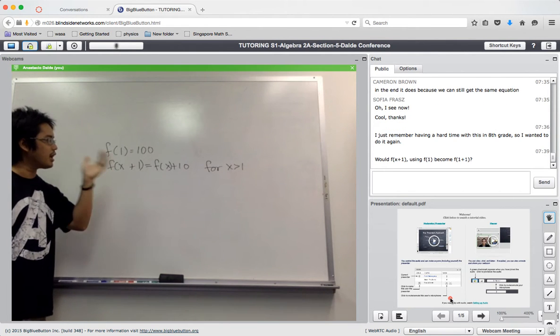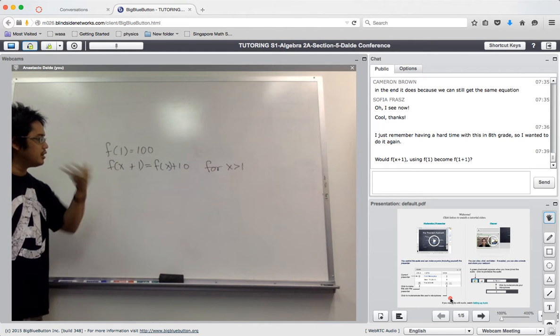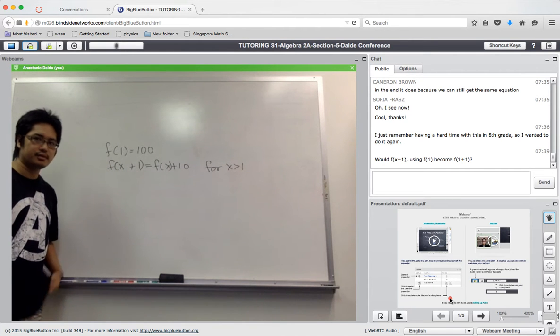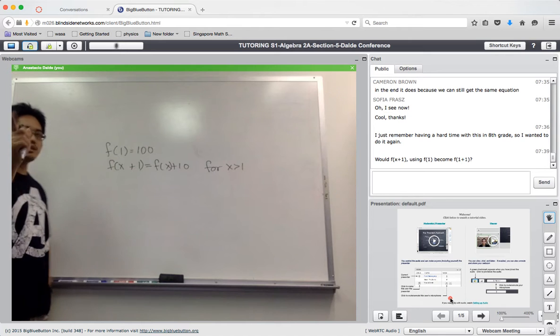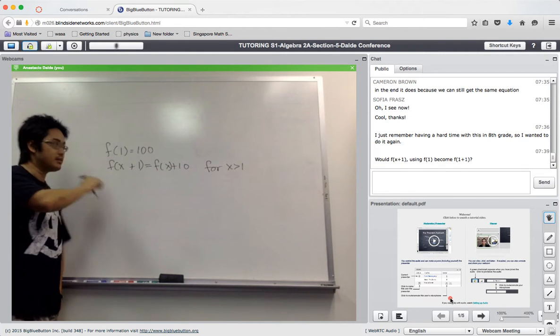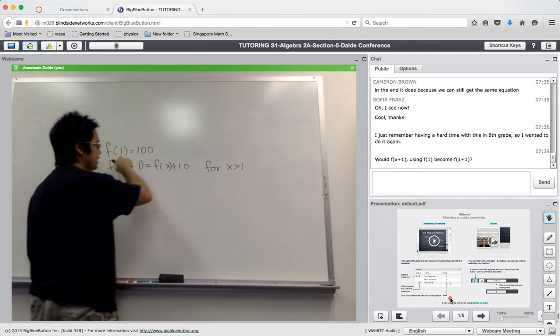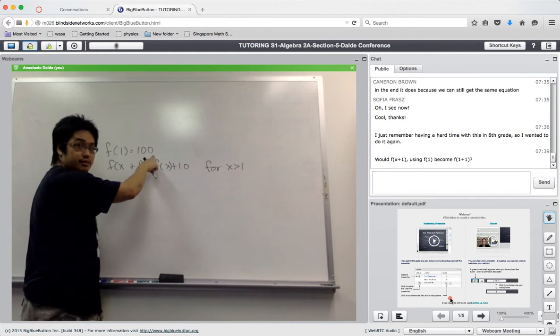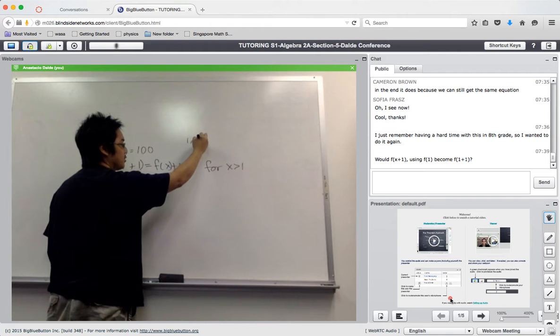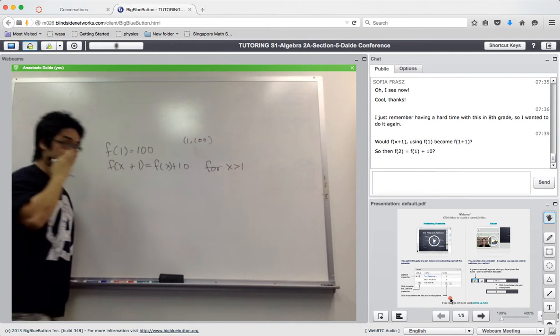Let's just try plugging in some numbers, because we have 1 point. This is one of the points. This really means if x equals 1, y is equal to 100, right? So 1, 100. They gave us one of the points.